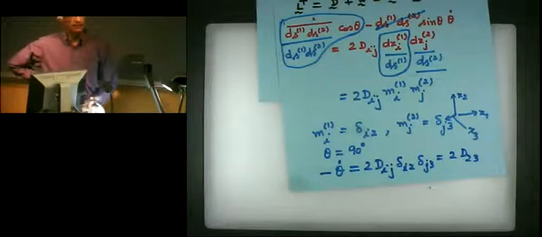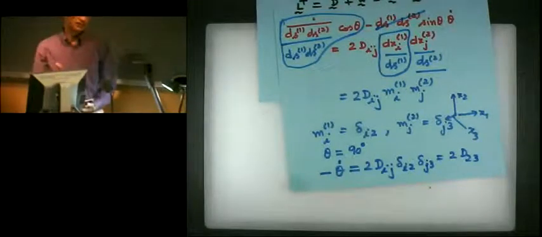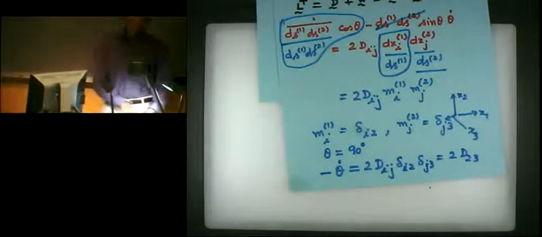So the off-diagonal components of the strain rate tensor determine rates of decrease of angles, not the increase. There's a minus sign here.